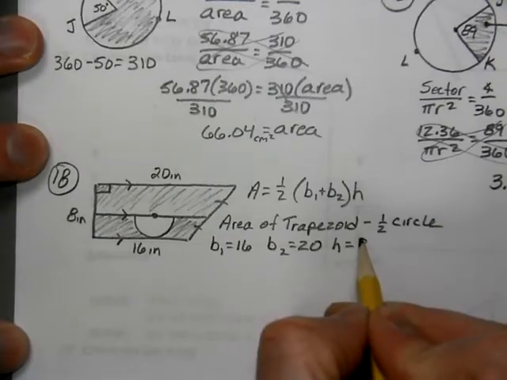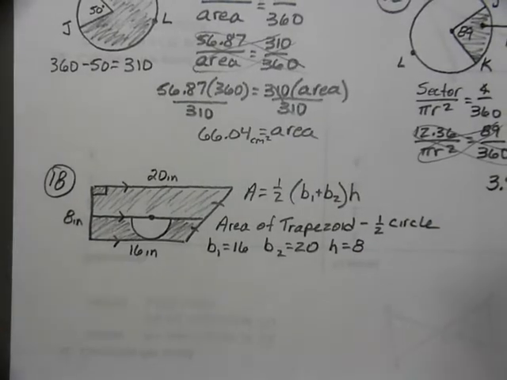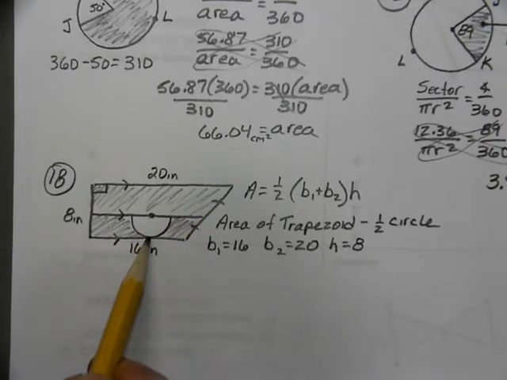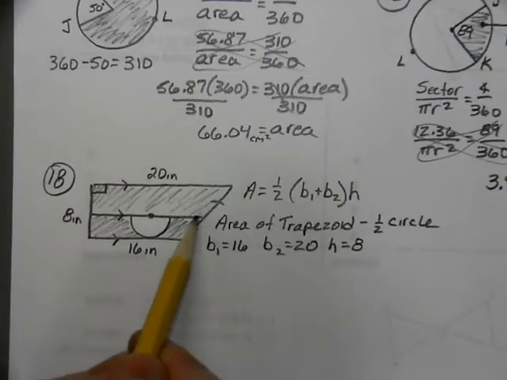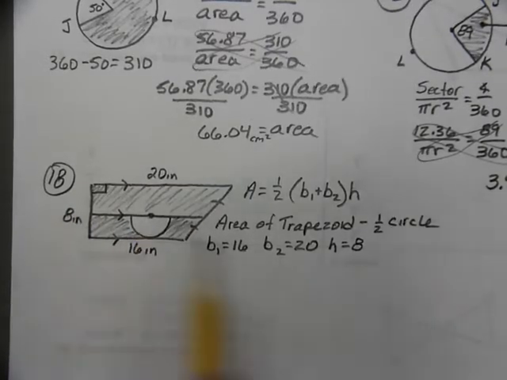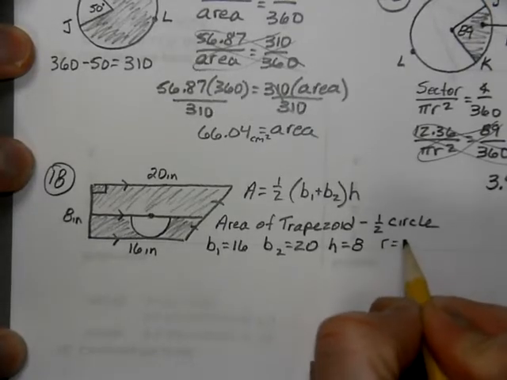So that would still be 8. And for the circle, what we need to do to calculate its area, we need to look at the radius. And the radius, it looks like it goes from this middle line down to the edge. So if this is cut in half, this line is 8, so it's 4 and 4. So the radius is 4.